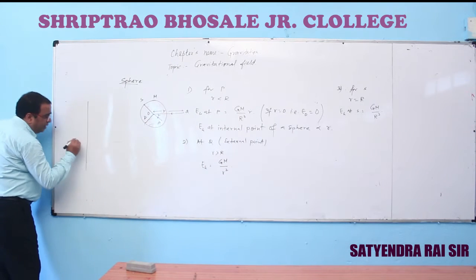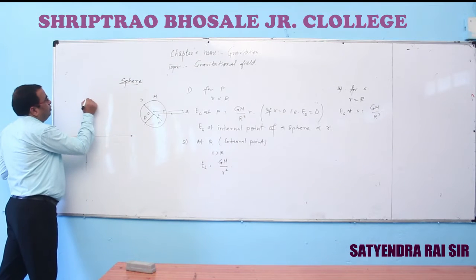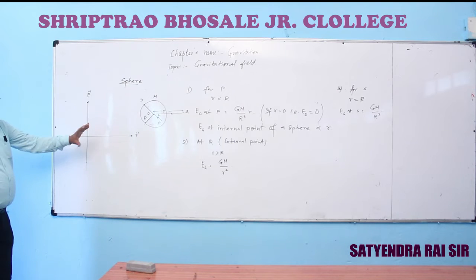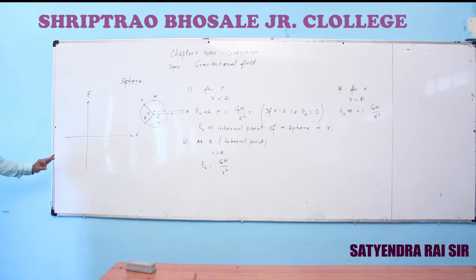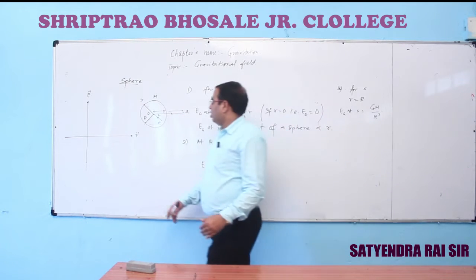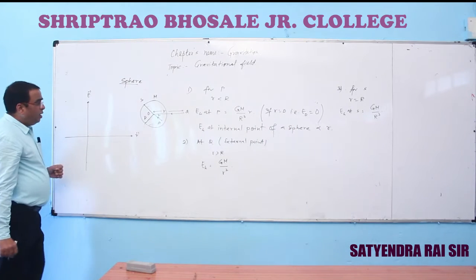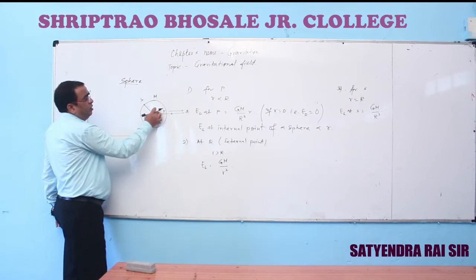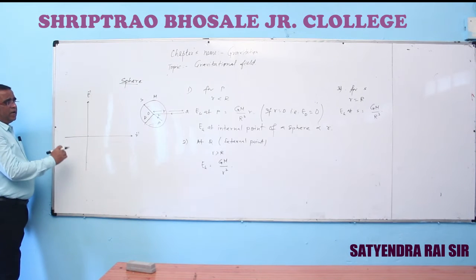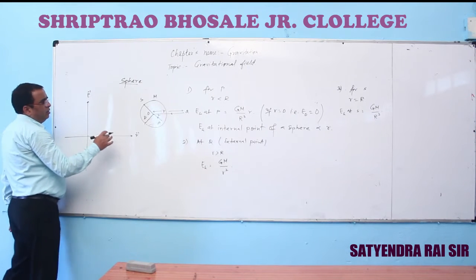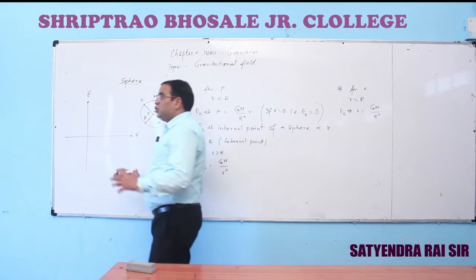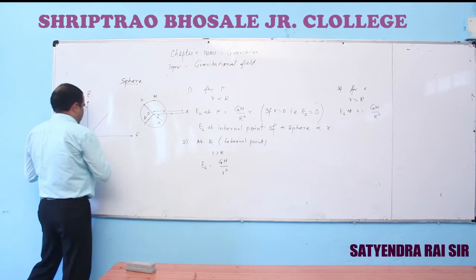Now come back to the graphical explanation. We want to put a graph of E versus r for a sphere. It starts at the origin, at the center of the sphere, where it is 0. For r greater than 0 but less than capital R, the field varies linearly with small r, so there is a straight line.